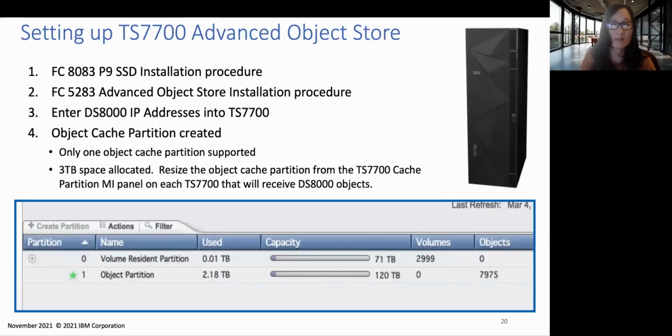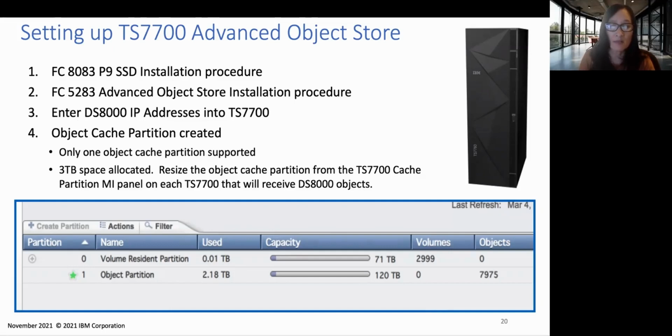All right, so setup. The first thing you will have to do on your 7700 side is, as I said, have that feature 8083 MES process done, which installs 2 new SSDs in your Power 9. You'll go through a very short 5283 MES process as well.